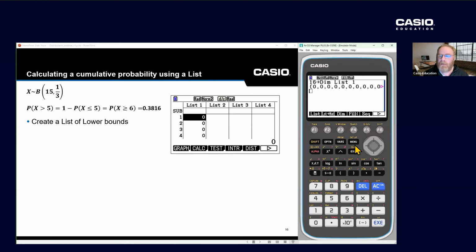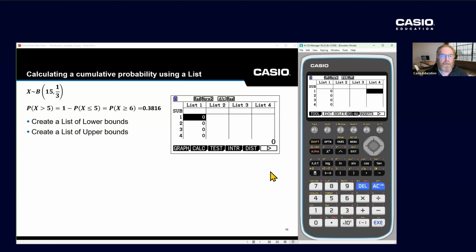If I go to stats mode, I've now got the 16 zeros. Let's just delete everything else. So 16 zeros, a really fast way of just entering the same value in each row.